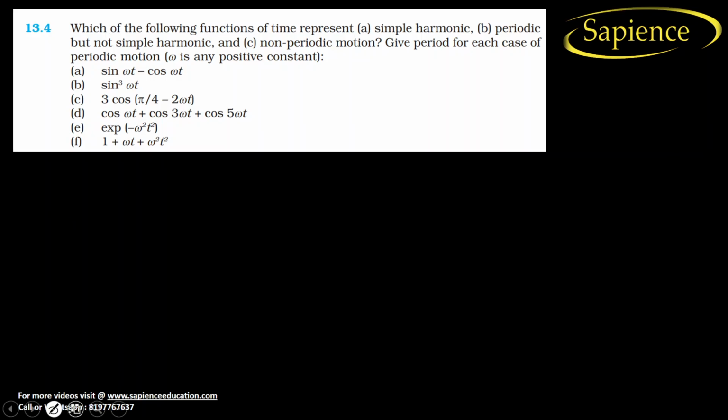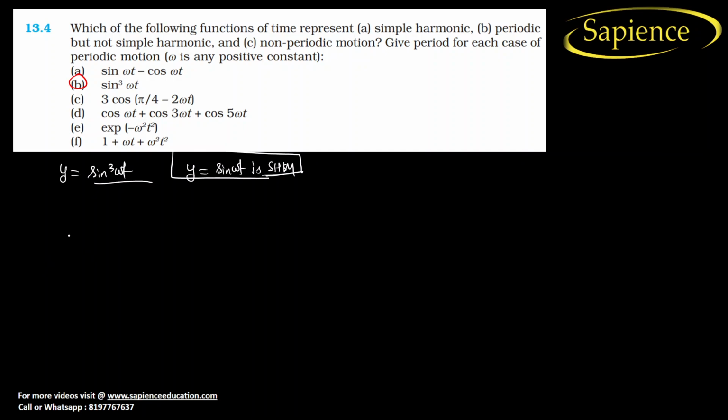Now let us do question number 2. This is sine cube. So y is equal to sine cube omega t. Now we know that y equal to sine omega t is S.H.M, but y equal to sine cube omega t is non-S.H.M.